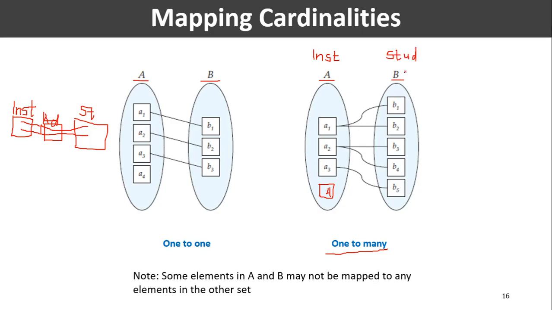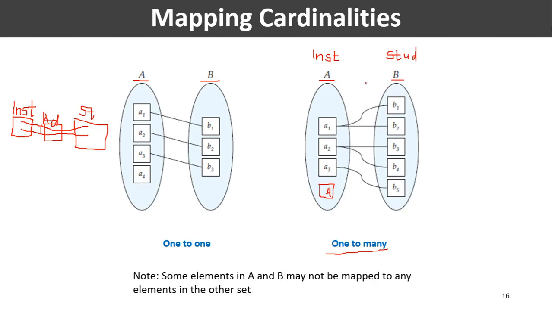Now I am imposing the one-to-many constraint on the relationship set advisor, which lies between these two.